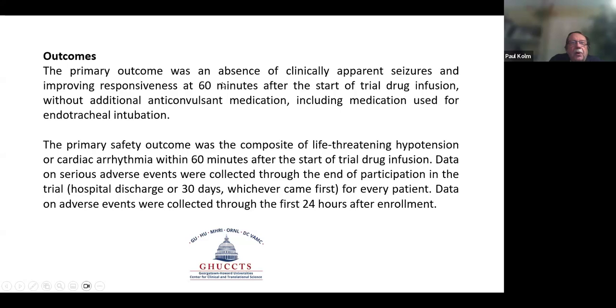So that's just yes or no. And then they're also going to look at a safety outcome, which was a composite of several different components. But we're going to look at the primary outcome.